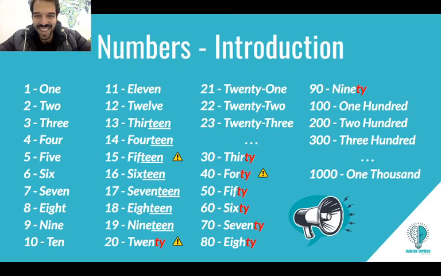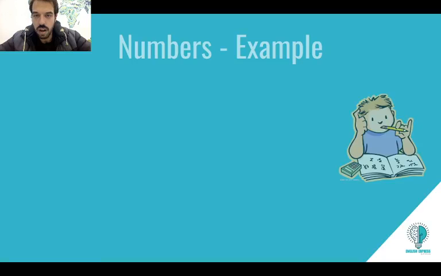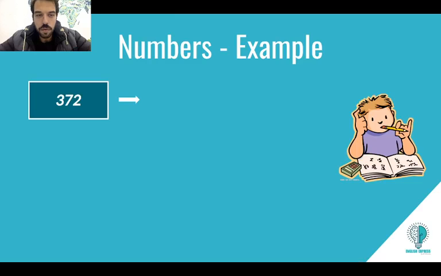Okay? Amazing. So let's check some examples of numbers, right? So our first example over there, 300. So let's check. The first number is number 3, right? So in this case, it's going to be 300, right? Our second number is the number 7.